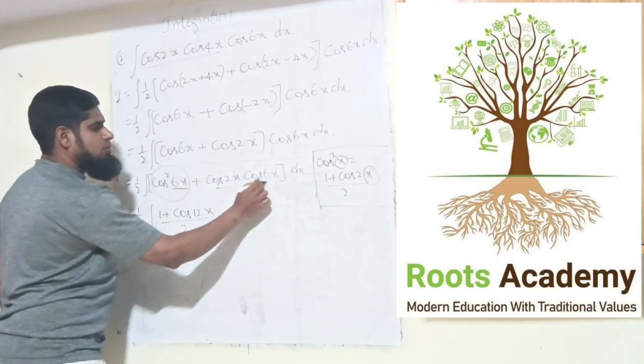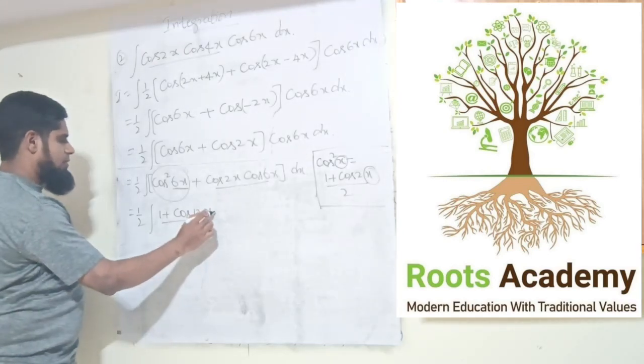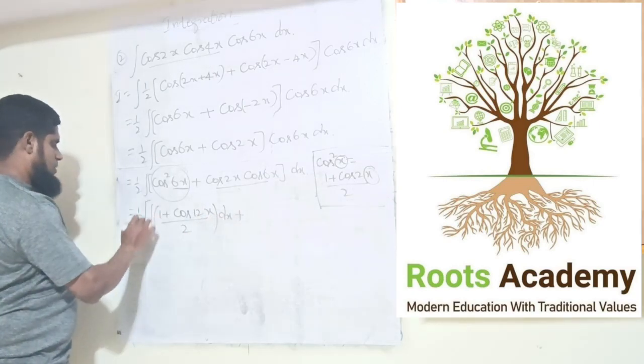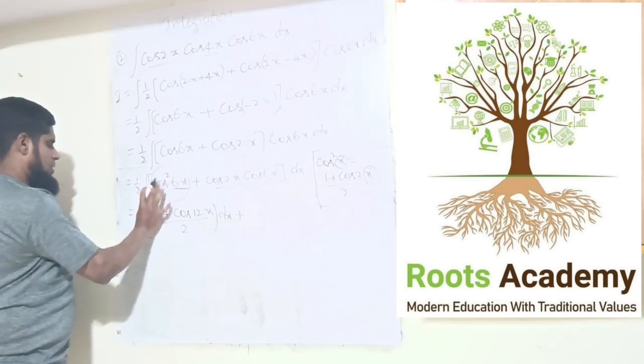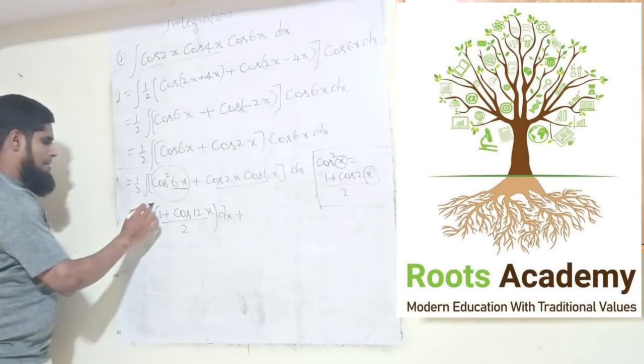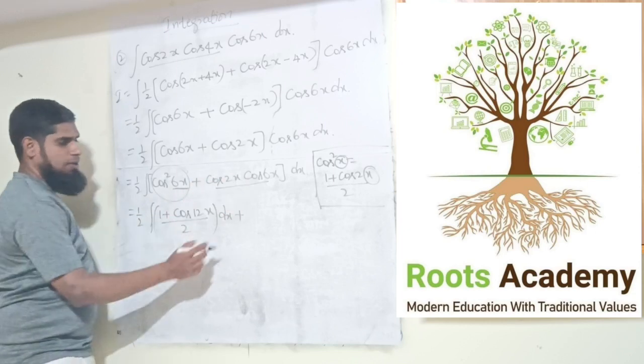Plus, here again we should use the formula. I will take this one term, dx. This half is multiplied to this second term also.